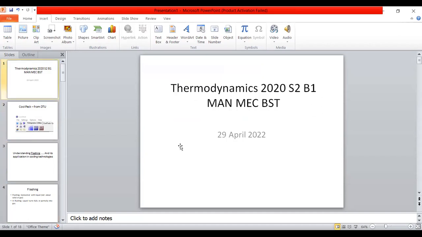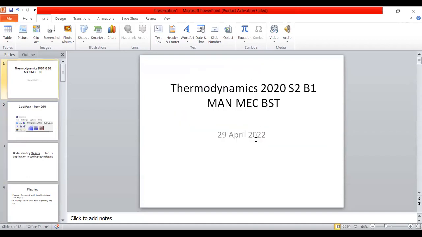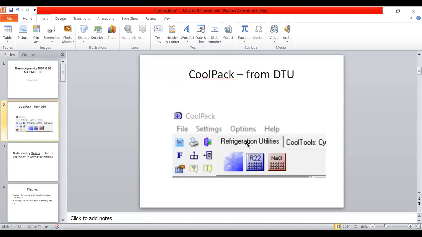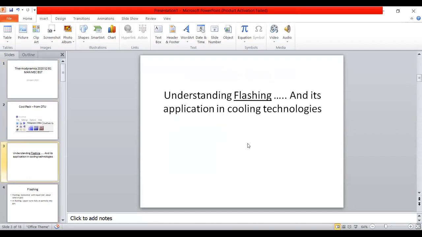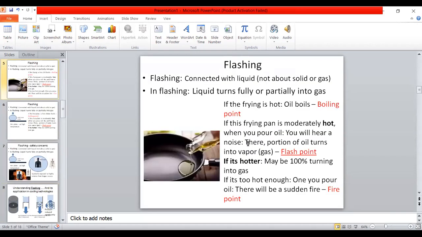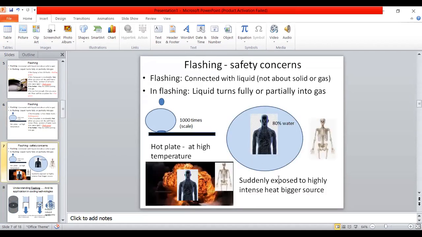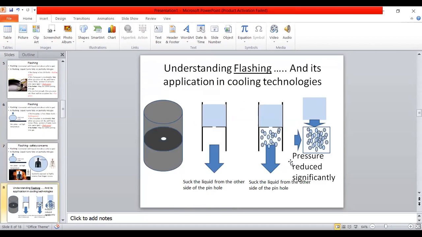Okay, so download Coolpack, very important. So have that database handy, very important, and learning of flashing, safety aspects. So this should be an unforgettable lesson for you. Very important for the preventions.